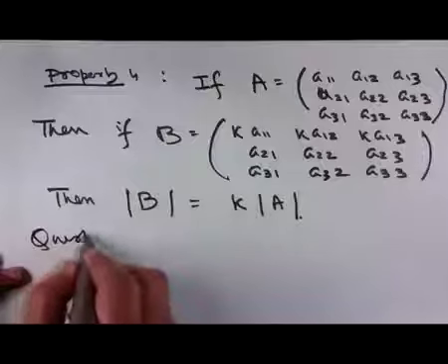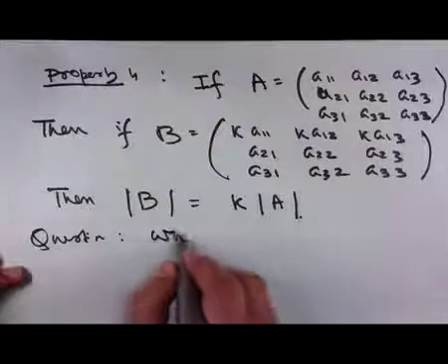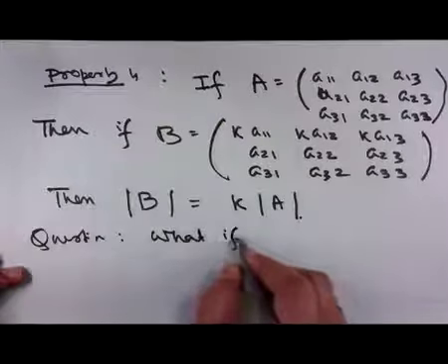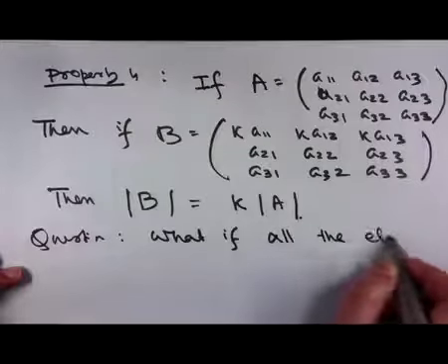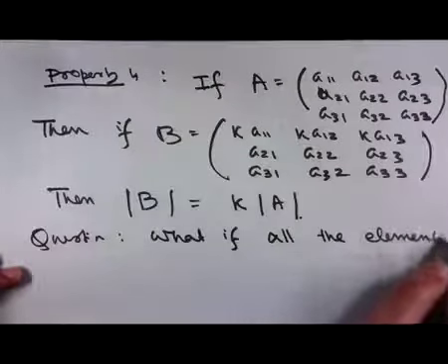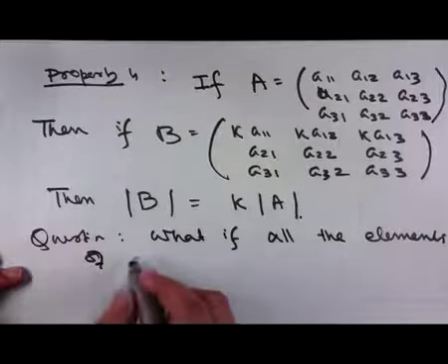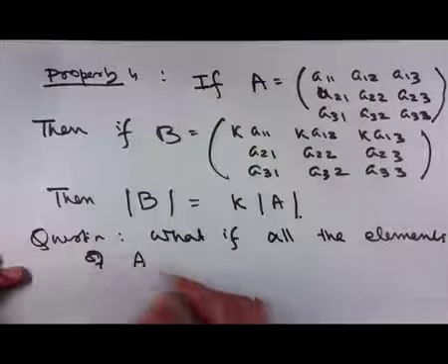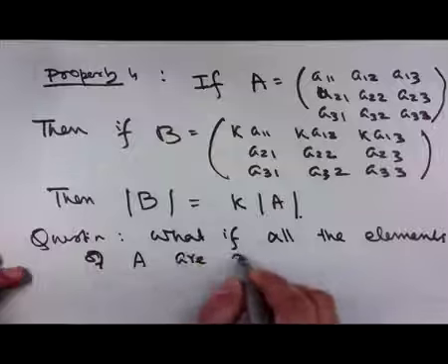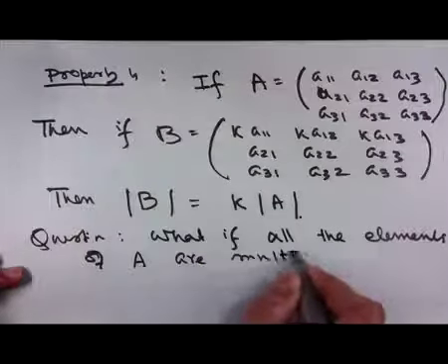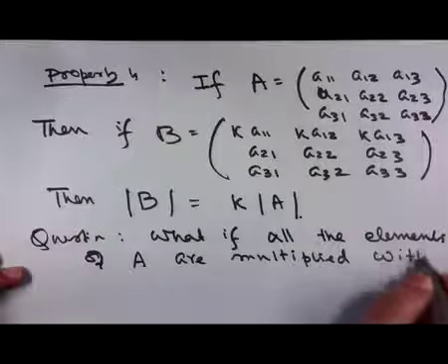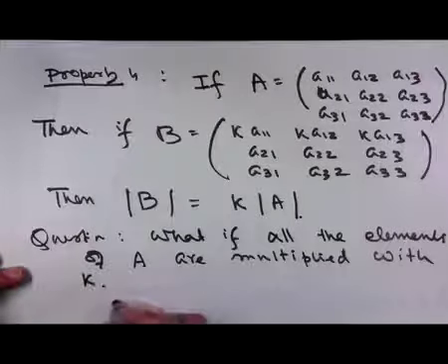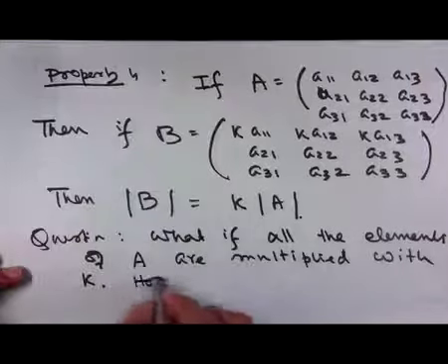The question is, what if all the elements of A are multiplied with K? How does it affect the determinant?